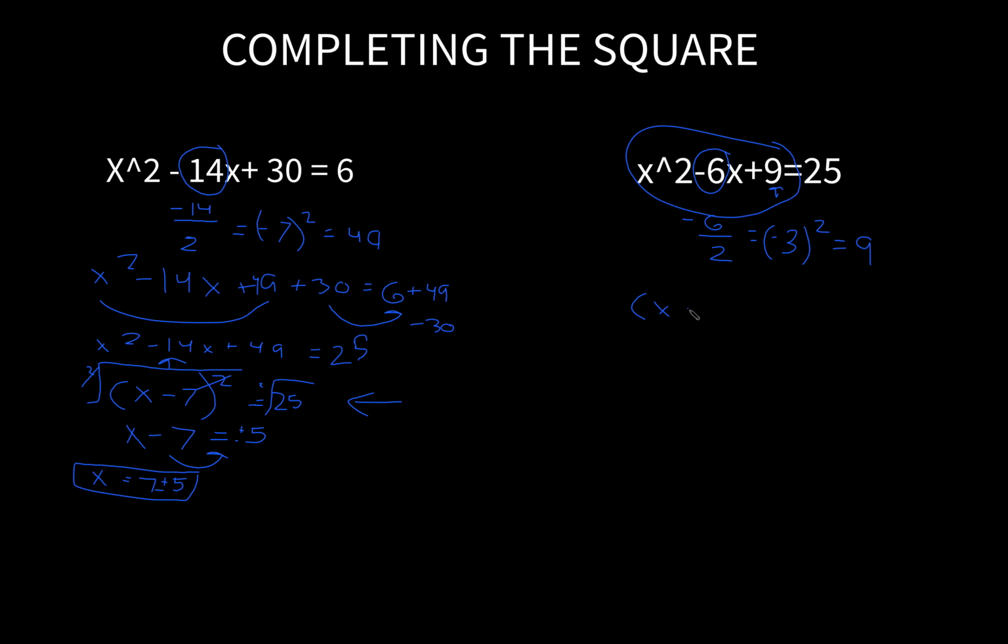So we're going to have x minus 3 squared equals 25. We'll go about these same next steps, square rooting both sides. That will leave us with x minus 3 equals plus or minus 5 again.